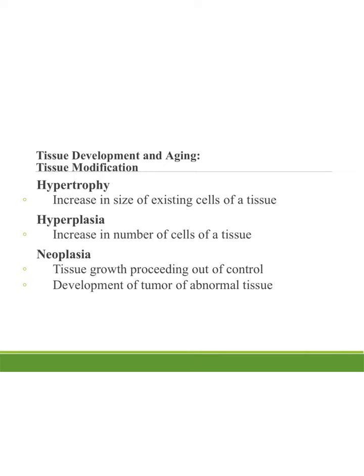Okay, hypertrophy and hyperplasia. So both of these, you're talking about an increase. Hypertrophy: the tissue itself isn't changing. The cell in the tissue is increasing in size. So if your cell used to be this size, now it's going to be this size.